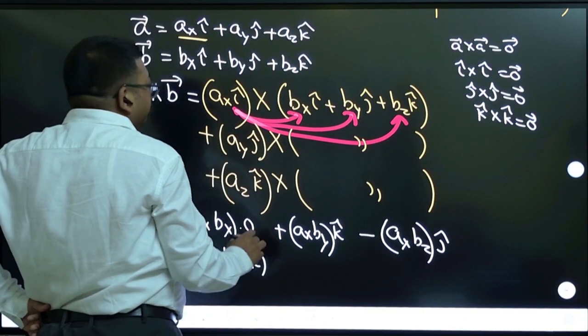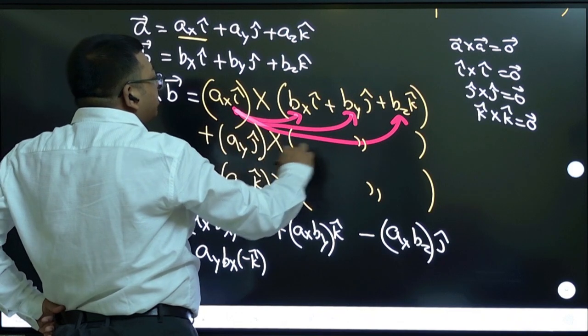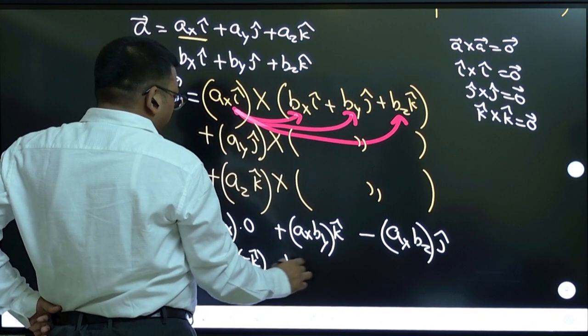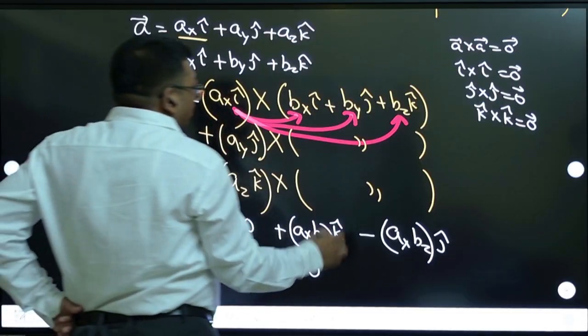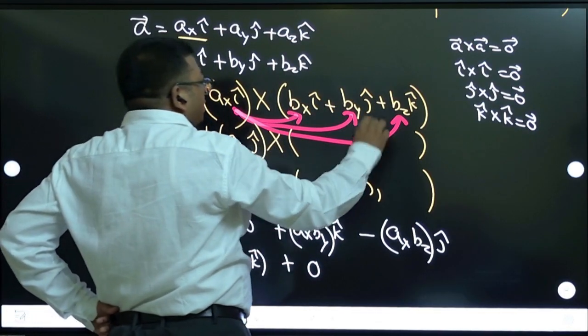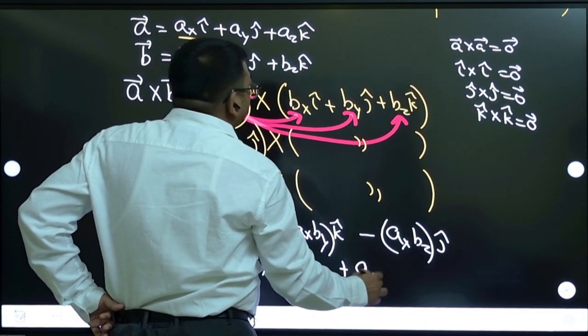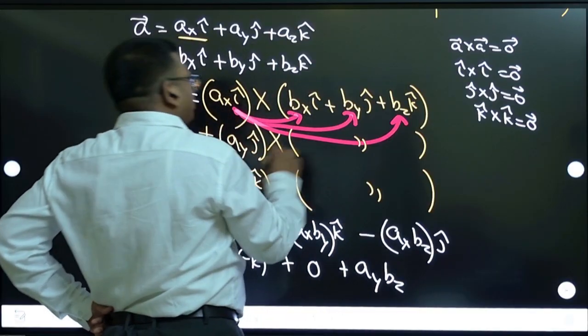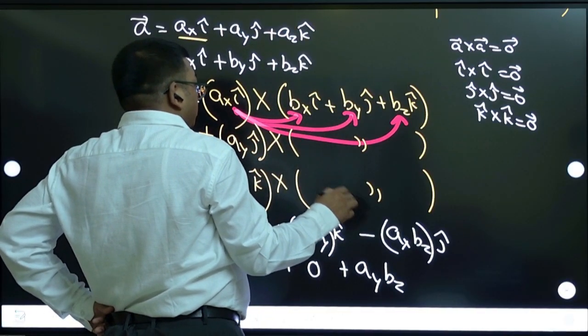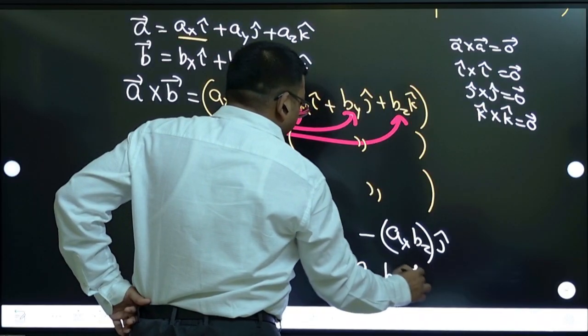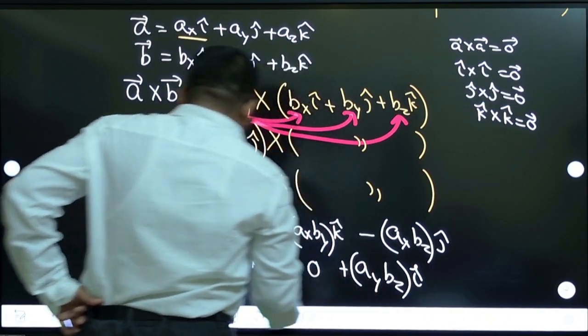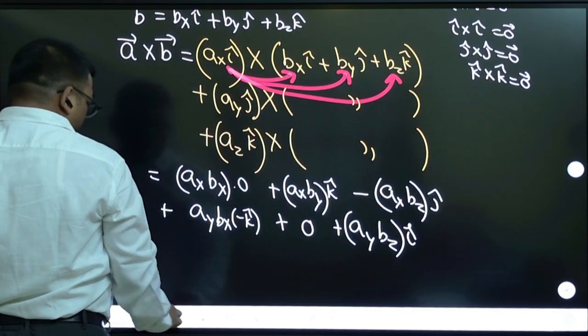Then Ay By j cross j will become 0, so anyway I write 0. Then next, j with k. What is j cross k? Ay Bz. What is j cross k? i cap, so i cap will come. Similarly, do the third term also.